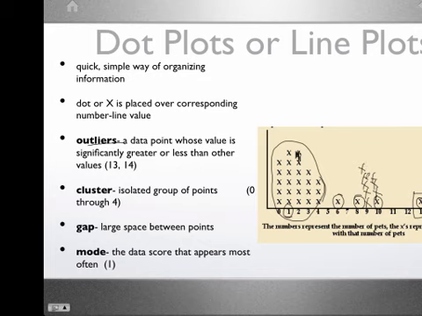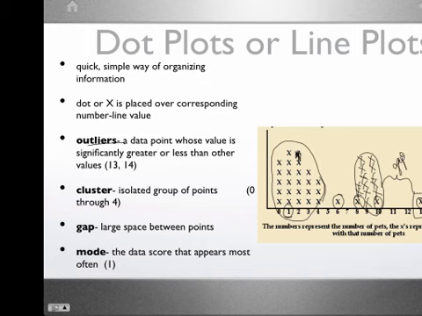Let's see, let's add a few more here. And since this is all together, then this could also be considered a cluster. Okay. A gap is where you see a large space between points. So right here, this would be considered a gap.